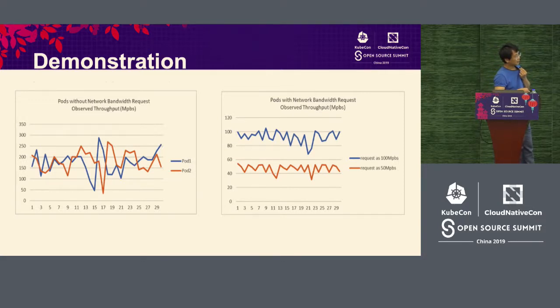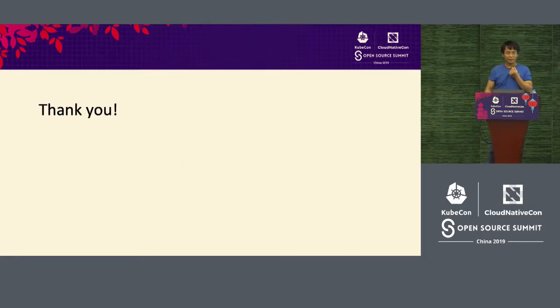And on the right-hand side, in the spec of the pod, I had defined the bandwidth needed, and this is in line with the requested bandwidth. And the blue line shows 100 Mbps, and the orange one shows 50 Mbps. So this is our presentation. Thank you.